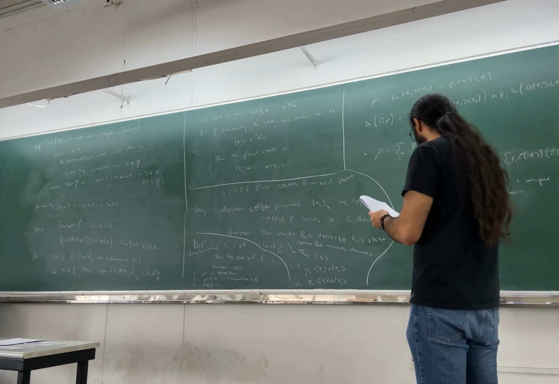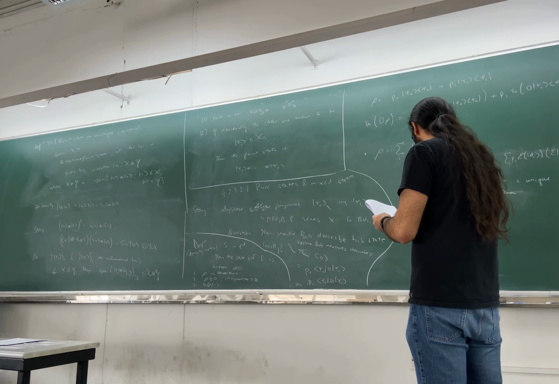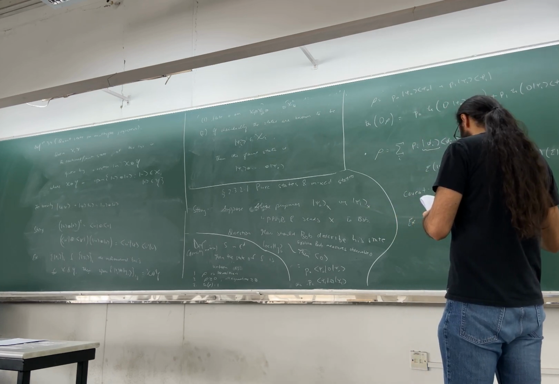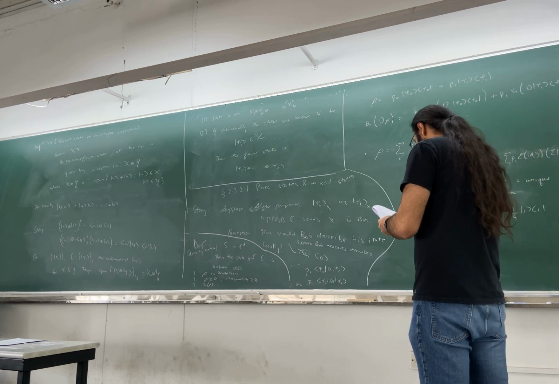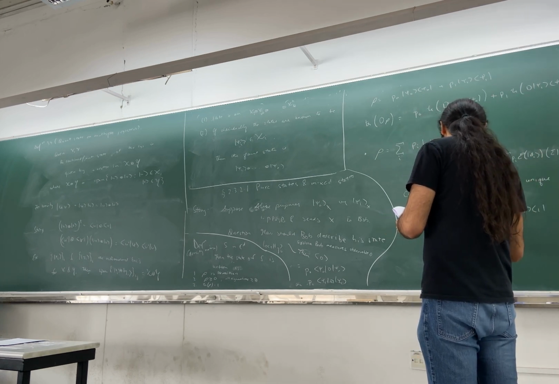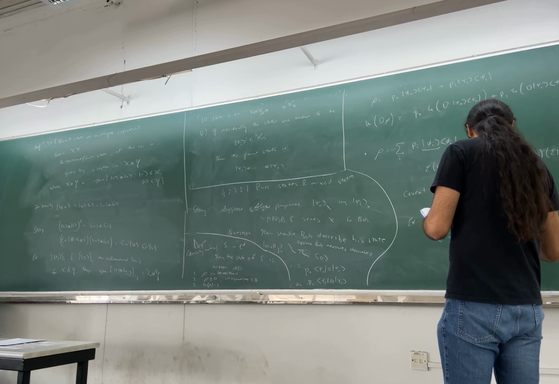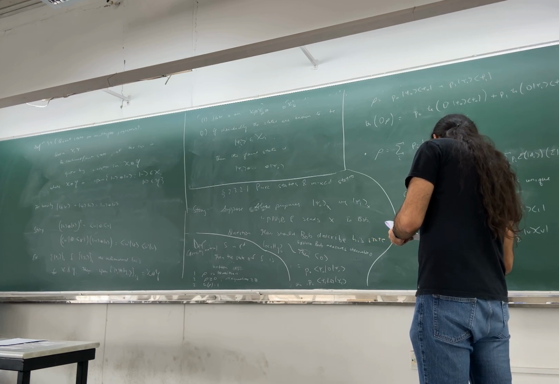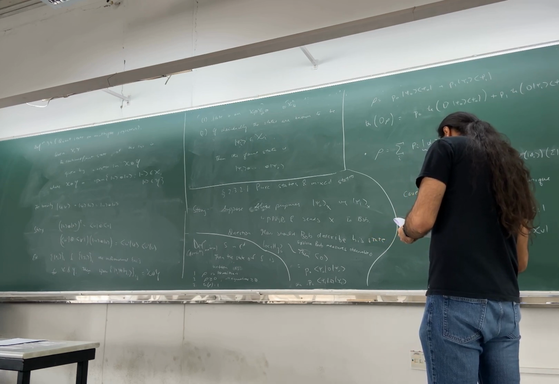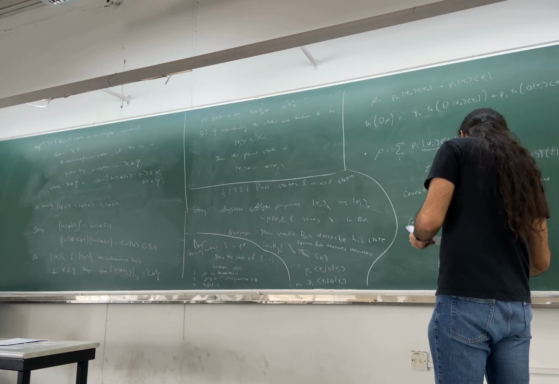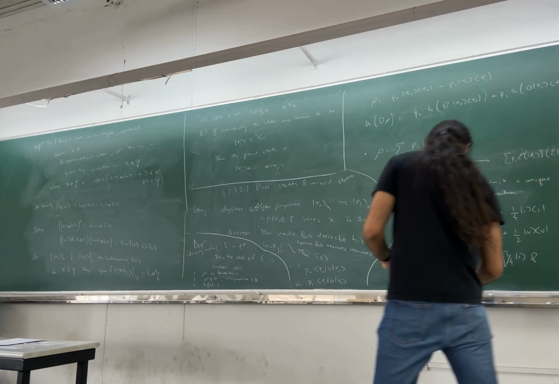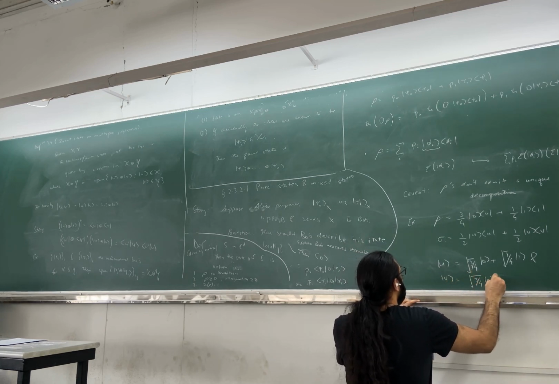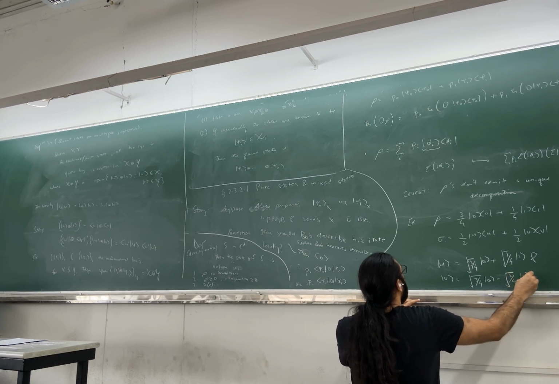Here's an exercise. Suppose rho is defined to be 3/4 |0><0| plus 1/4 |1><1|, and sigma is defined to be half |u><u| plus half |v><v|, where u is defined to be sqrt(3/4)|0> plus sqrt(1/4)|1>, and v is sqrt(3/4)|0> minus sqrt(1/4)|1>.